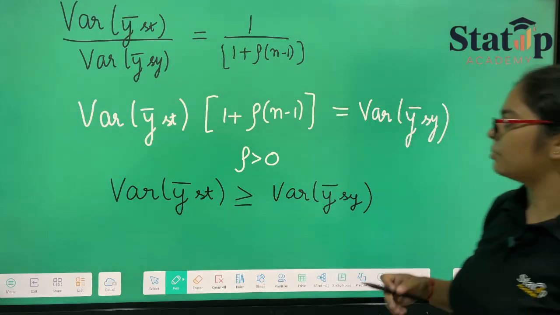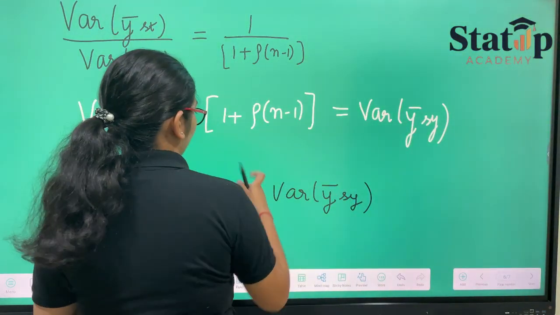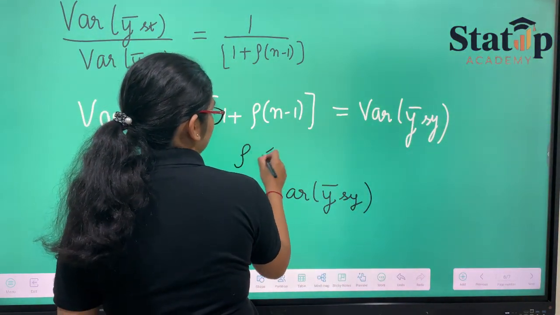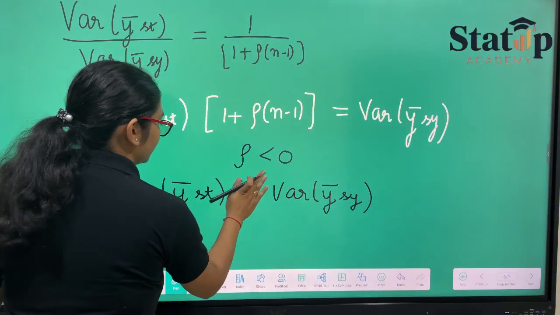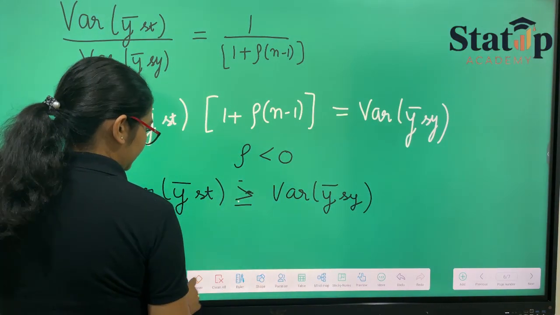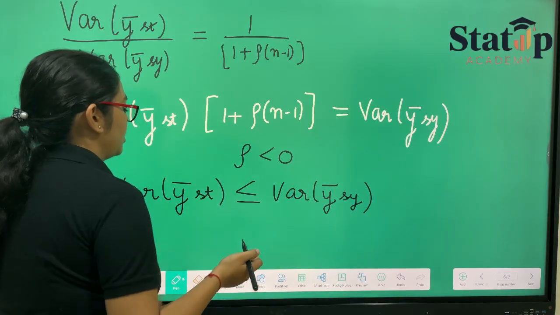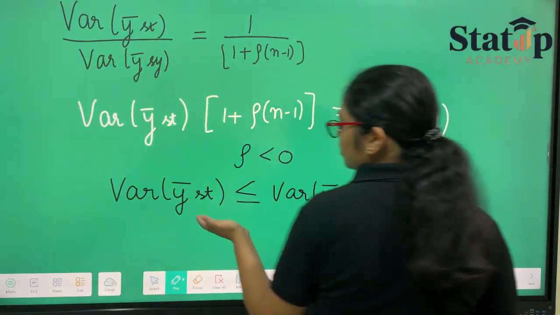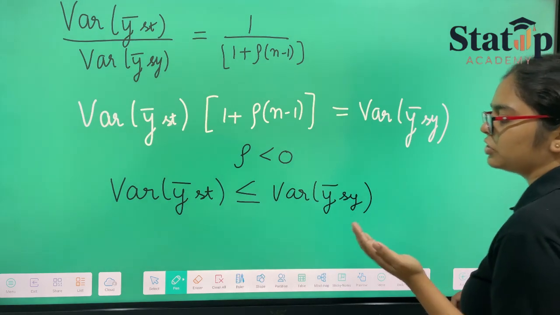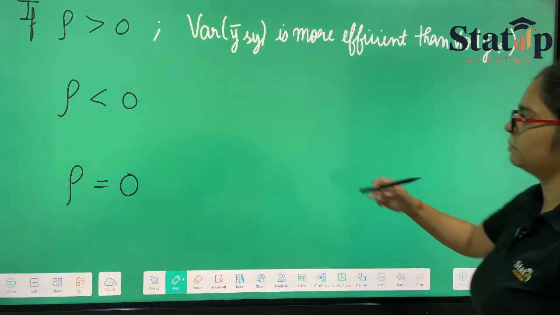And if this happens in the reverse form, suppose rho is less than 0, this sign also reverses. From here we can say that stratified sampling is more efficient than systematic sampling.